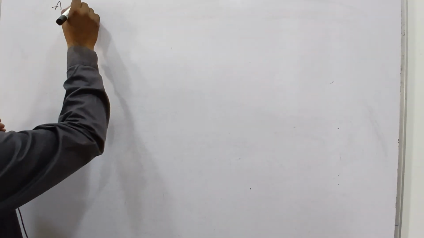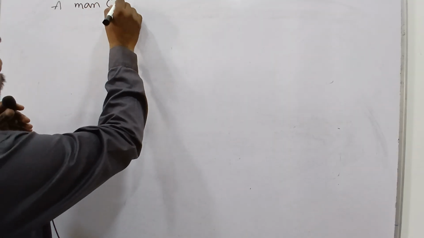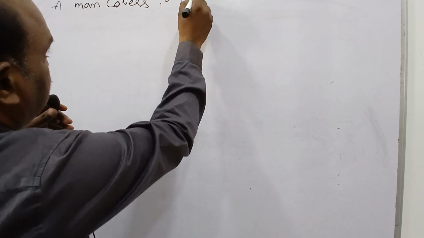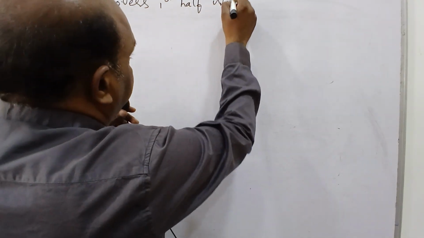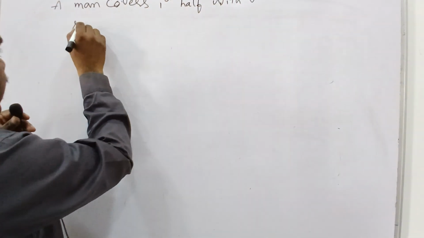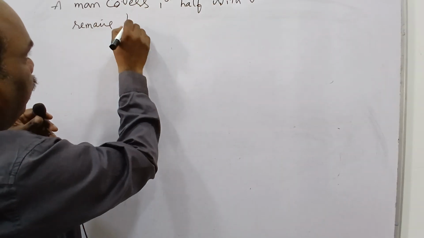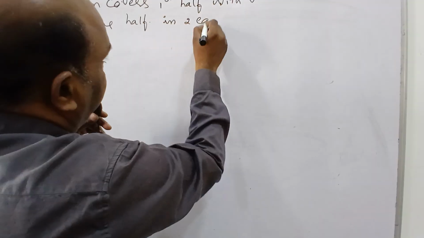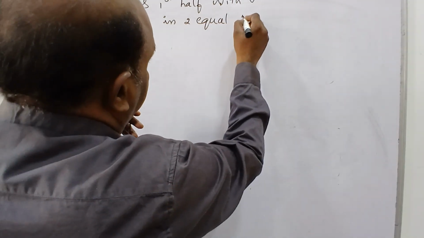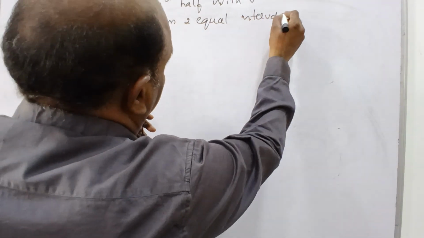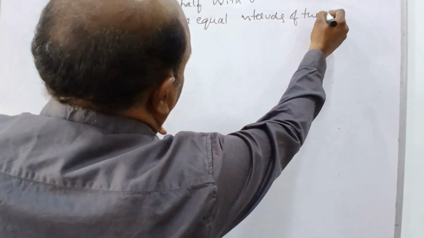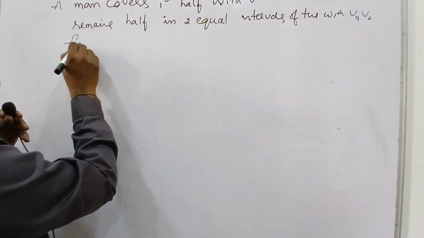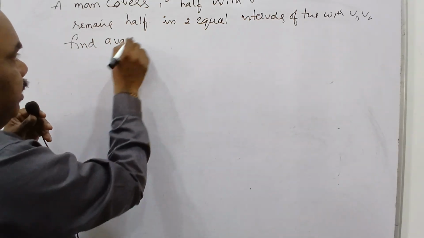A man covers first half of the distance with v speed, remaining half in two equal intervals of time with v1, v2 speeds. Find average speed.